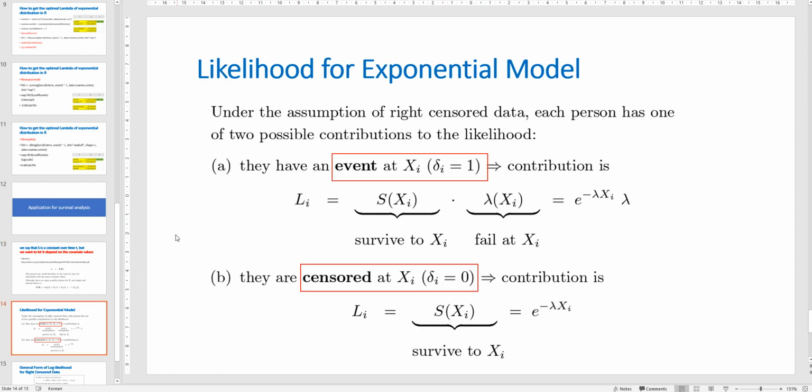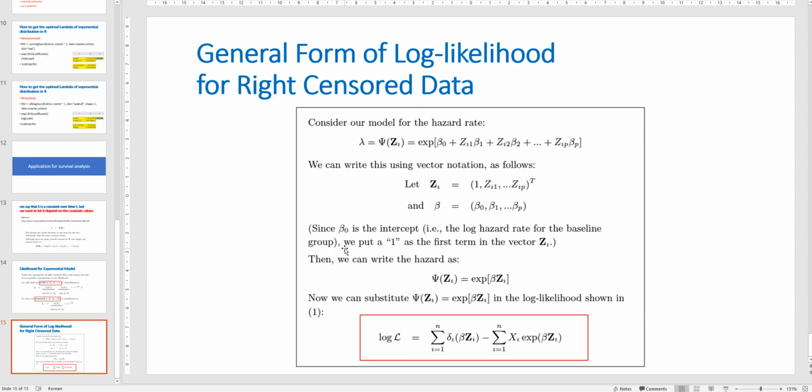Again, in survival analysis, typically we have event data and censor data. So the log likelihood should consider those two, right? Then finally, you can get this log likelihood. Again, lambda is equal to psi of z, right?